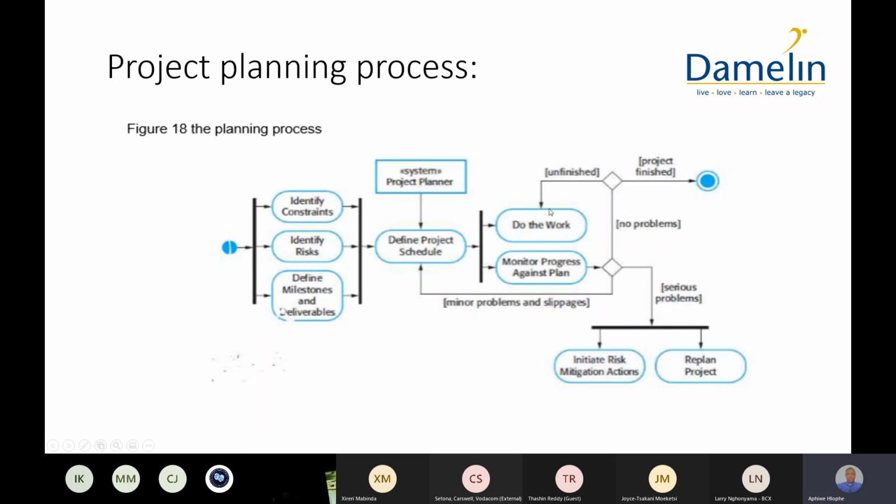If there are no problems, then obviously the project is completed. If there are no problems and the project is still not completed, it just means that you got to do the work, execute the work. You haven't been doing the work. If there are serious problems that arise, which some of them we may have anticipated in our risk management process, then you initiate your risk management strategies, okay?